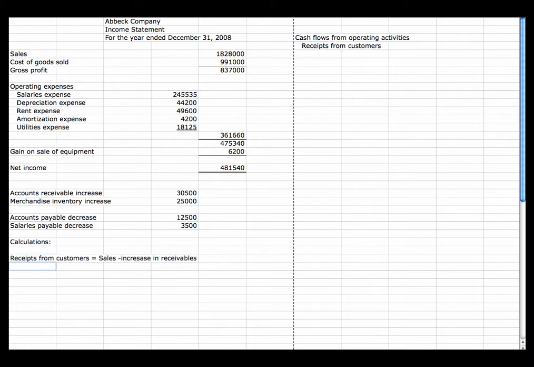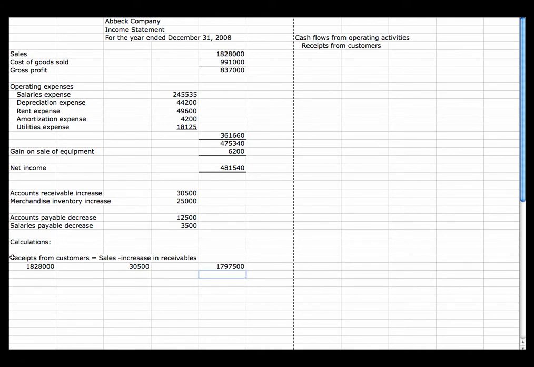So what I can do is I can say how much my sales were, which was $1,828,000. And I know that my increase in accounts receivable was $30,500. I can therefore create a formula that basically says take my 1,828,000 minus the 30,500, and I've got my receipts that I've received from my customers.